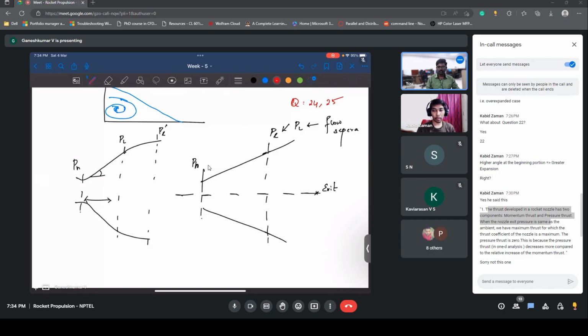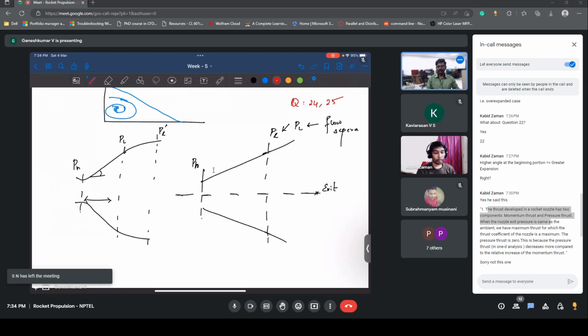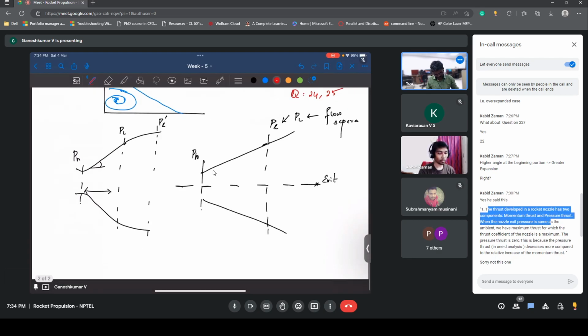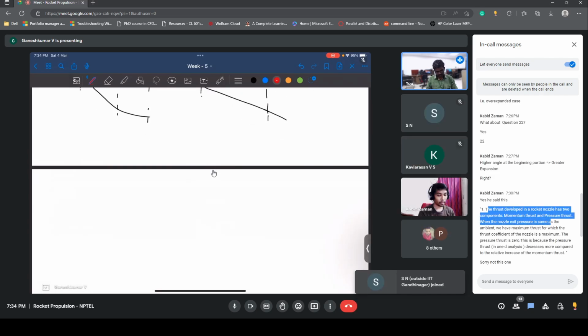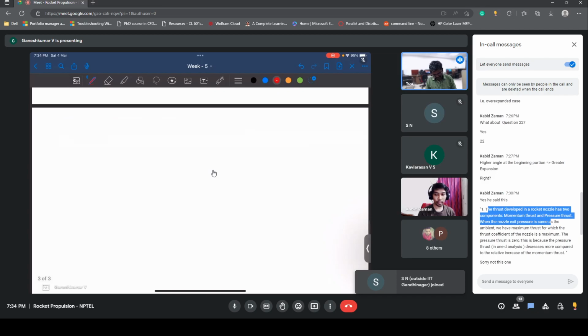So you have an over expanded nozzle. It is not clear which thrust. Anyway, if you look at the thrust equation, it's just going to be m dot into VE plus (PE minus PA) into exit area, right?